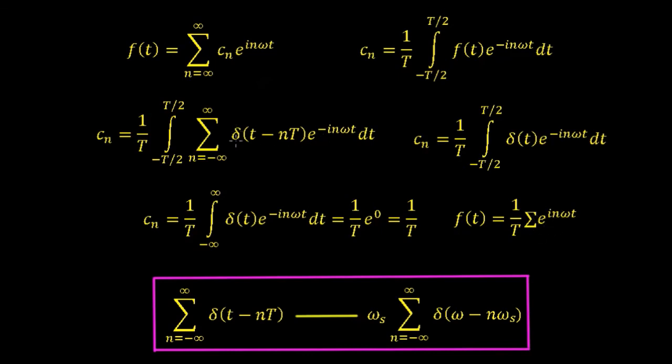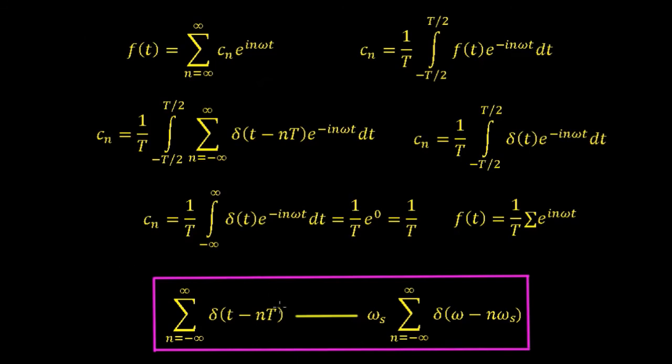So we started off with delta(t minus nT), the sum from n equals minus infinity to infinity, that's our impulse train in the time domain. We're left with this sum of exponentials, which we've shown is just an impulse train. So this will be the impulse train in the frequency domain, which is delta(omega minus n omega_s).